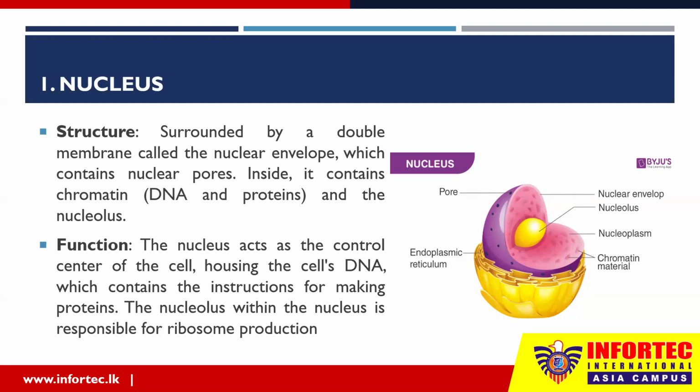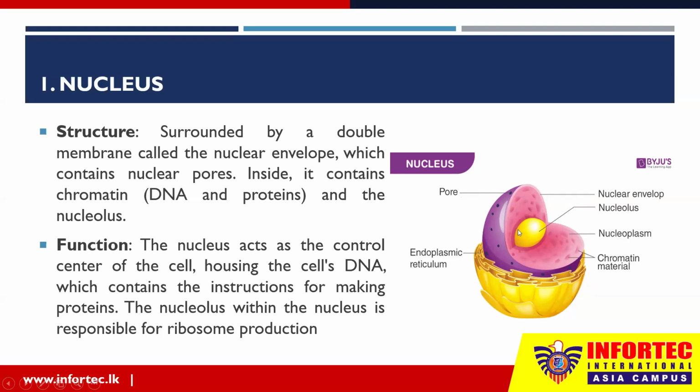Inside the nucleus, we can see the nucleolus, the yellow part here. The endoplasmic reticulum is not part of the nucleus, it just appears here because they are connected to each other. The nucleus is this purple spherical substructure. The envelope has some pores which are responsible for transportation. And here we have the nucleolus.